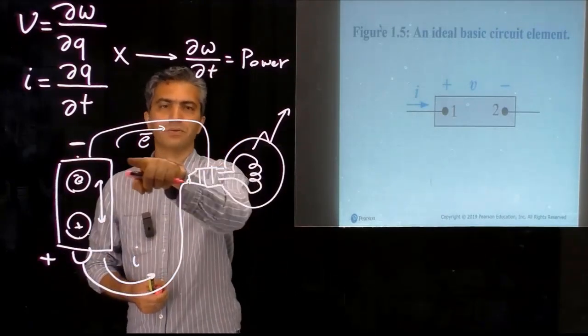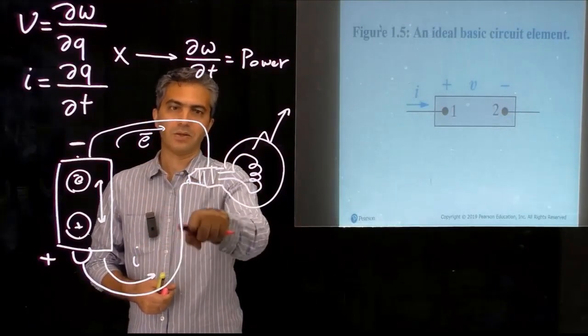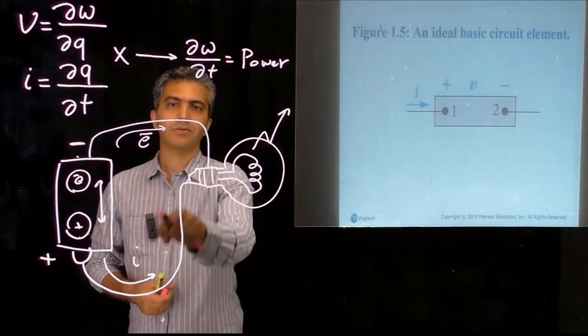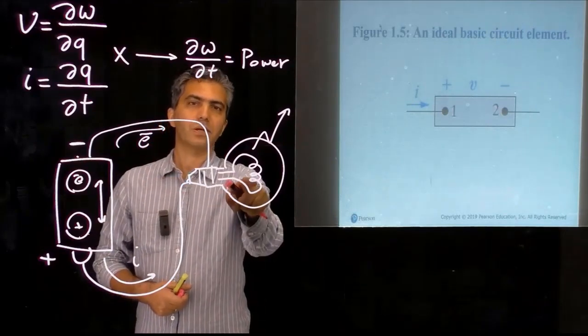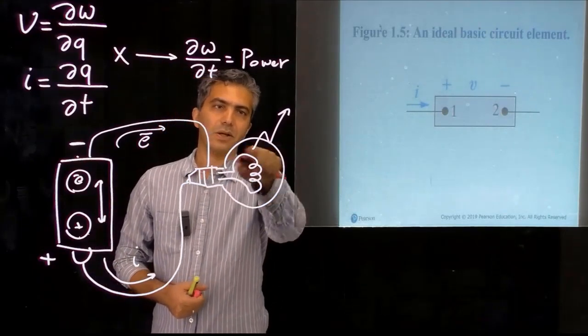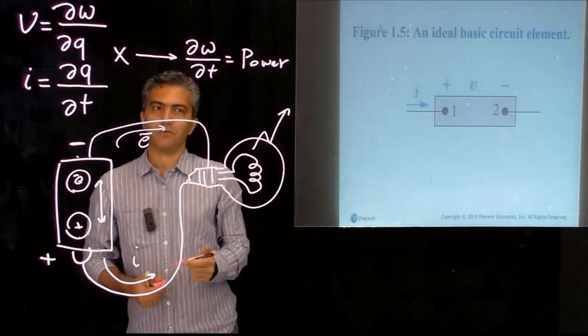So charge passes through the system, and the potential energy turns into the kinetic energy that is associated with the movement of the electrons through the circuit, and that kinetic energy turns into useful work for us.